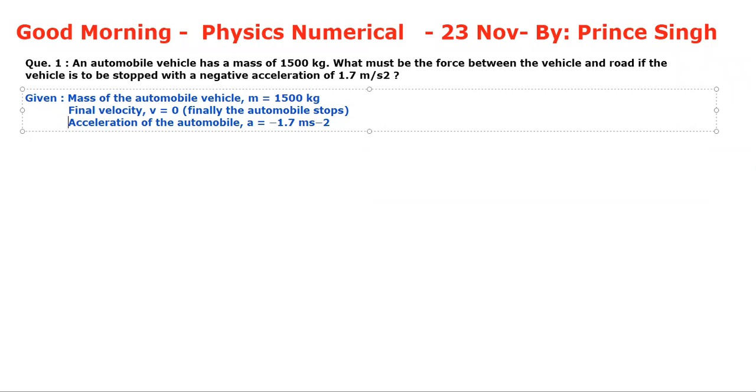And acceleration, as it is given, is negative acceleration, which is also known as deceleration. So I can write here deceleration, that is 1.7 meter per second square, that is s to the power minus 2.